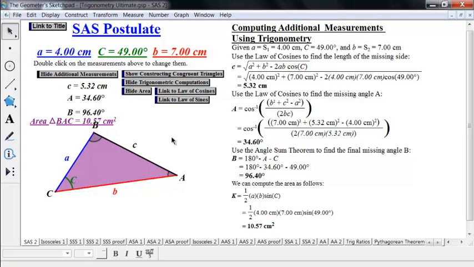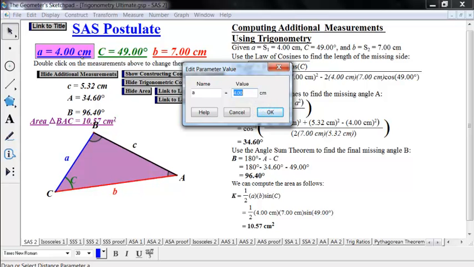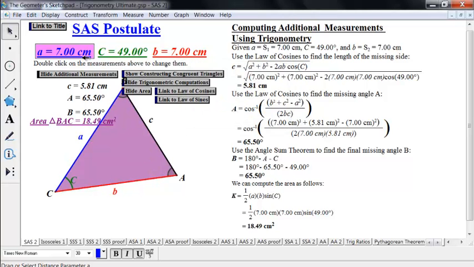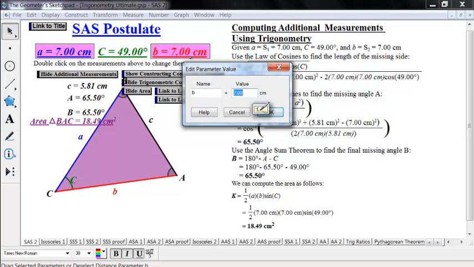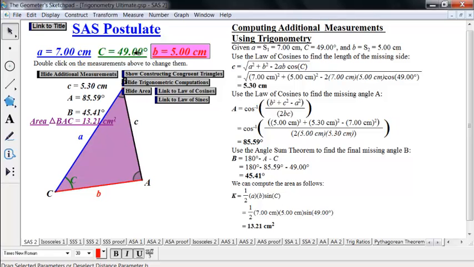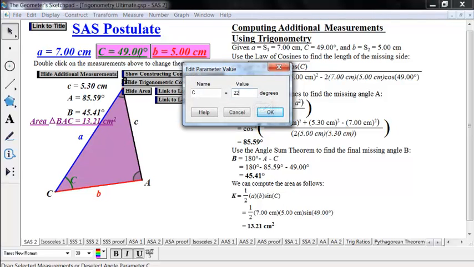So that shows you how you can do this, and of course you can use this sketch, all of you have this sketch, and you can use it to check your problems. I wouldn't use it to necessarily work the homework problems, but work them and then use this to check. And you can come back here and just enter in any value you want, say 7, 5, and maybe 22 degrees, like that.